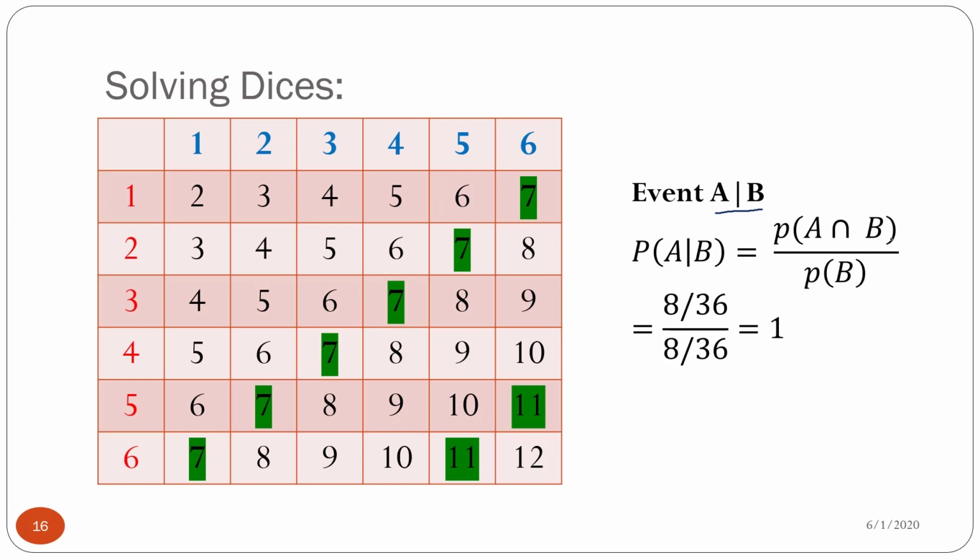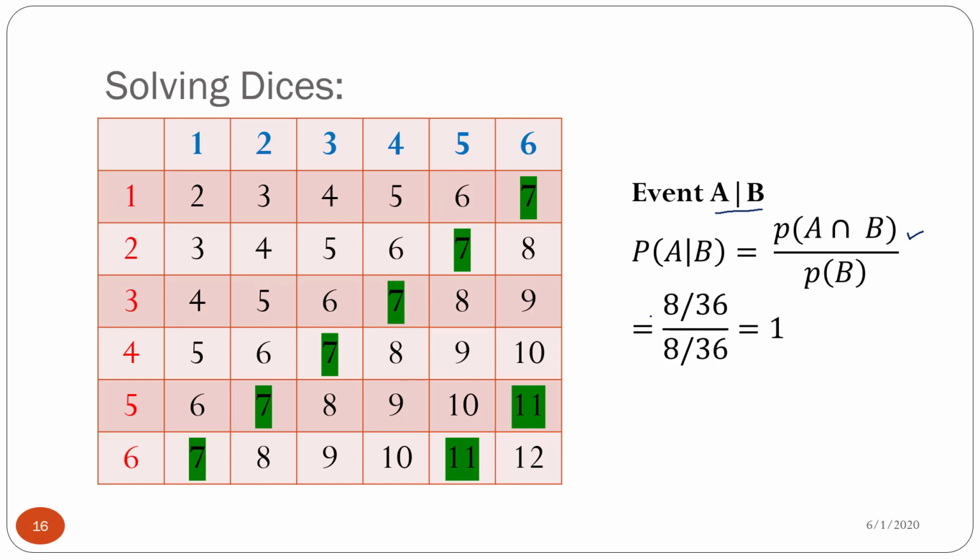The other way of thinking is, let's find out the probability of A intersection B. What is A intersection B? All these 8 cases that you have are the cases for B and also for A. A needs that at least one of the faces is even, and B needs that the sum of the faces is either 7 or 11.